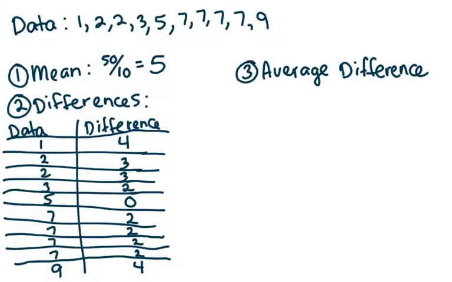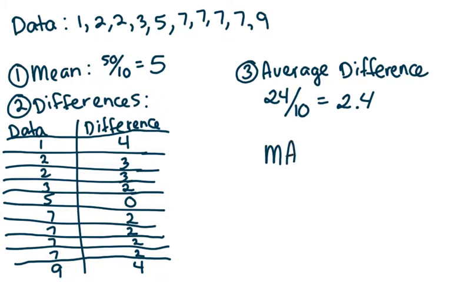Now you need to find the average difference. Pause the video and take a minute to find the average difference. The total of the differences is 24. Divide 24 by the number of differences. 24 divided by 10 is 2.4.